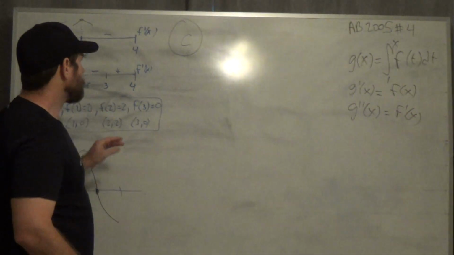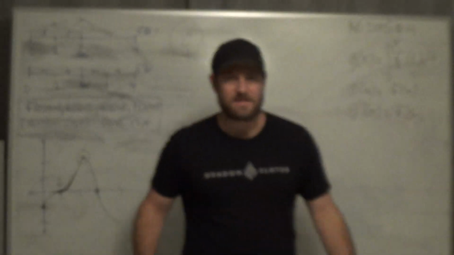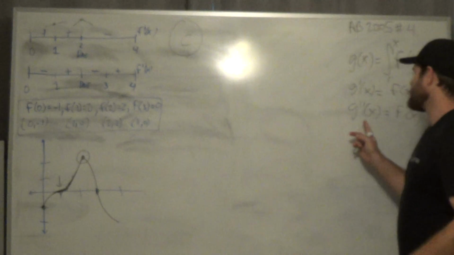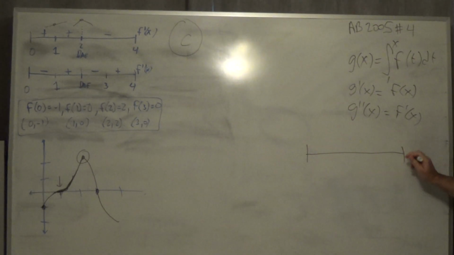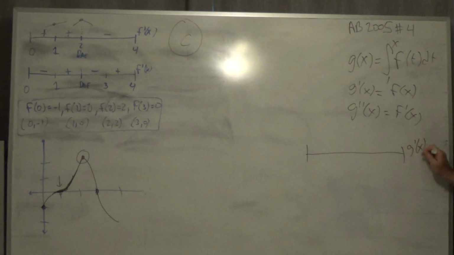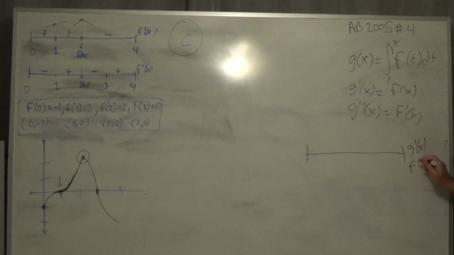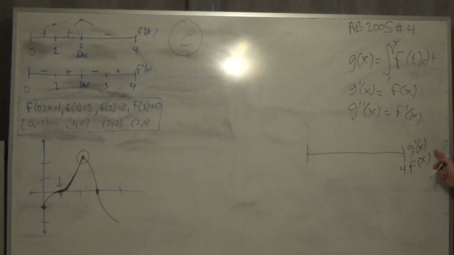So let's look at all this information we had about f of x. You see all this information about f of x? This is now g prime x. And I'm going to make a sign chart for g prime x. When I say I'm making a sign chart for g prime x, I'm making a sign chart for f of x, because g prime x is f of x.